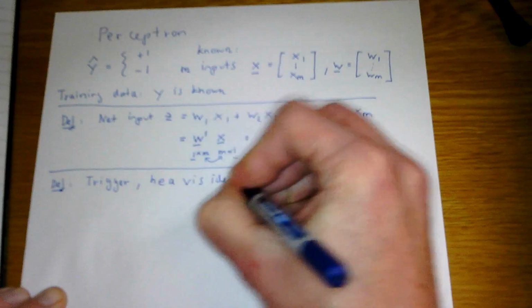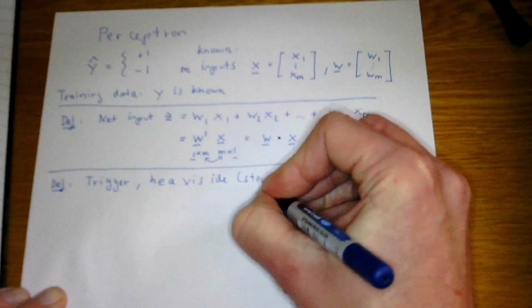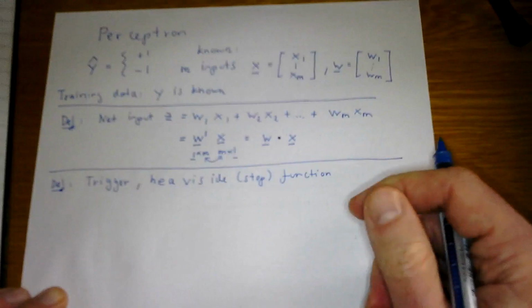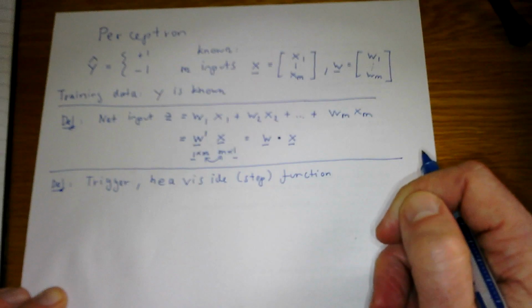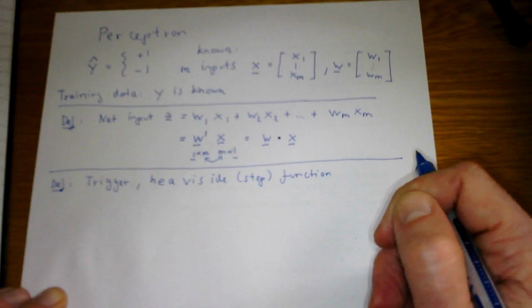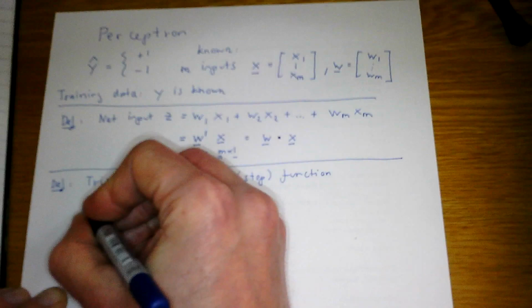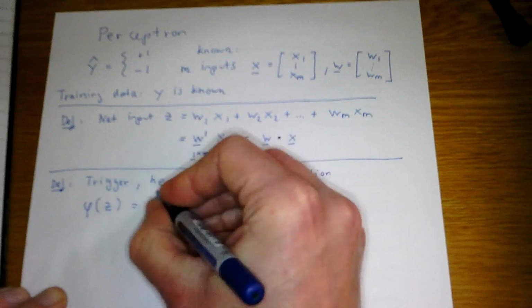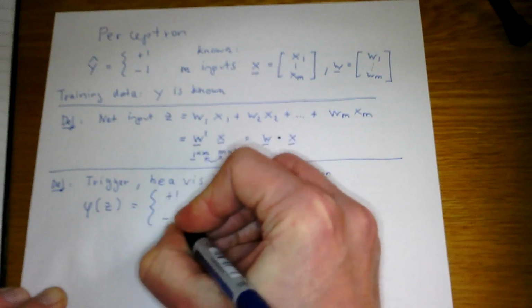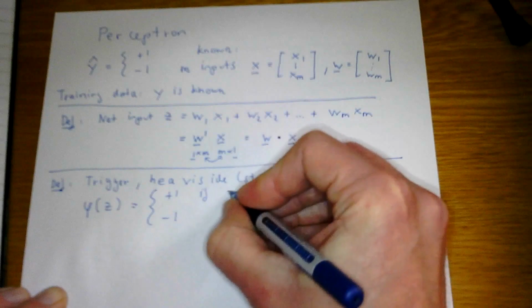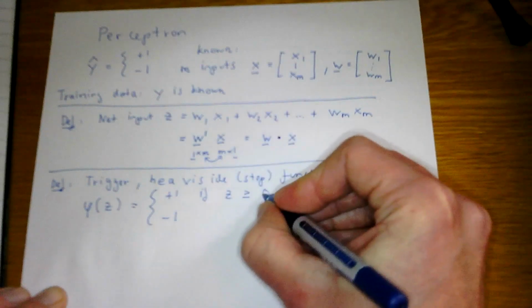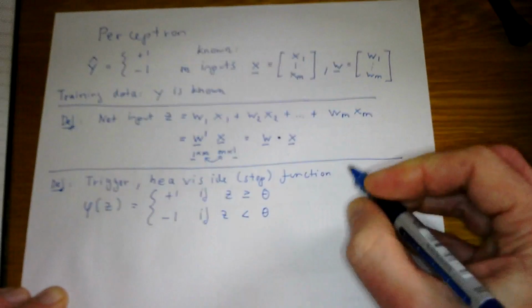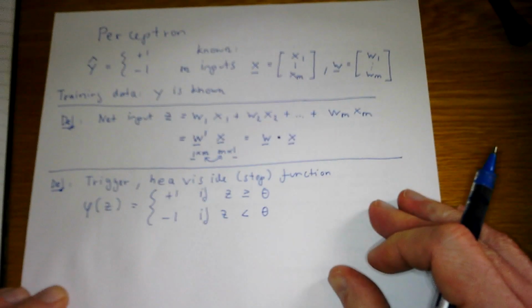Some people also call this a Heaviside step function, which assigns a certain value depending on the value of the net input. I call this phi, which is a function that depends on z. There are two outcomes here, either +1 if z is larger or equal to theta, or -1 if z is less than theta. So this is basically the classification rule.